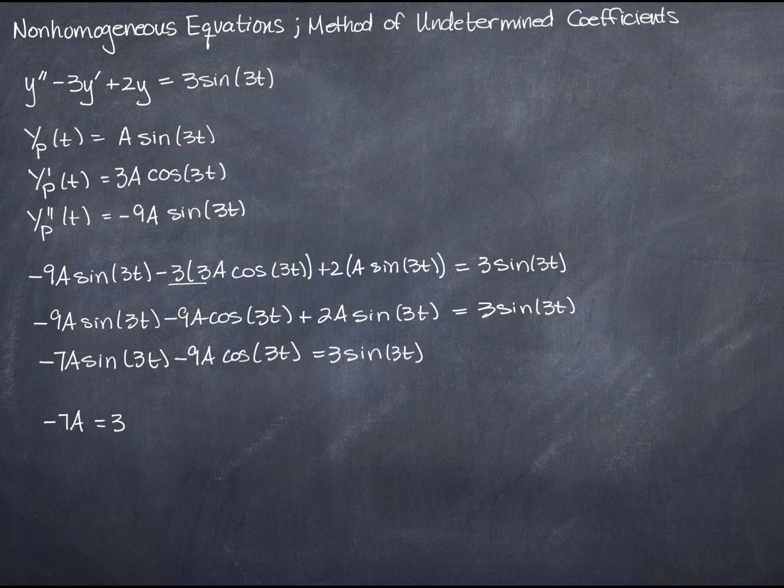But it's also true that negative 9a has to equal 0, because there's no cosine on this side, and so its coefficient must be 0. If there's a cosine term on this side, then the corresponding cosine term that might be on this side would have a coefficient of 0. Solving both of these gives me a equals negative 3 over 7 and a equals 0.